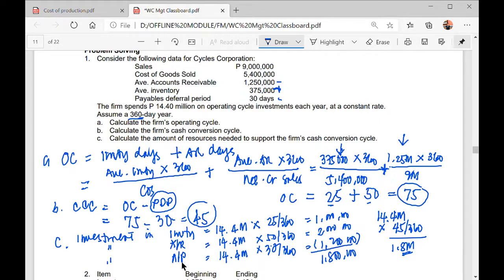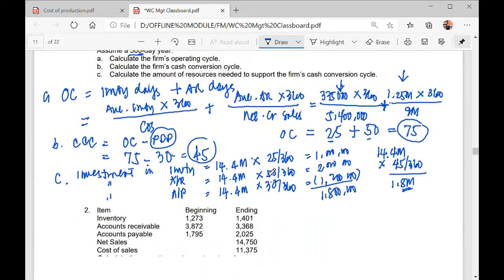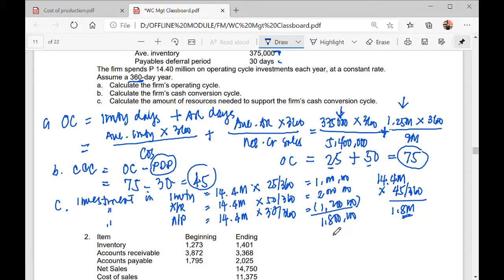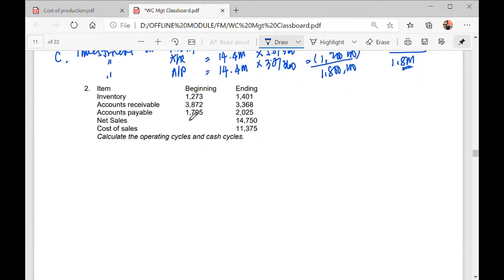Since this is a plain problem, there is nothing tricky. So the answer for letter C is 1,800,000. This is the amount of resources you need to support your cash conversion cycle, which is why we multiplied by 45. I think we already answered this one, right? Number 2.